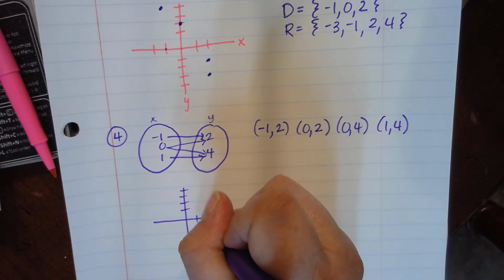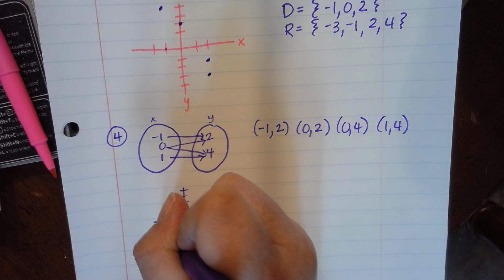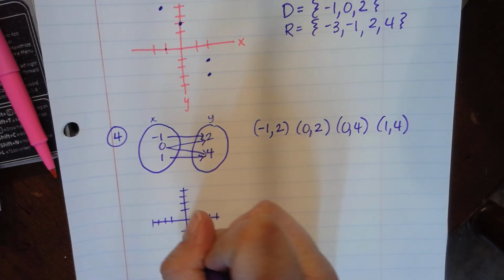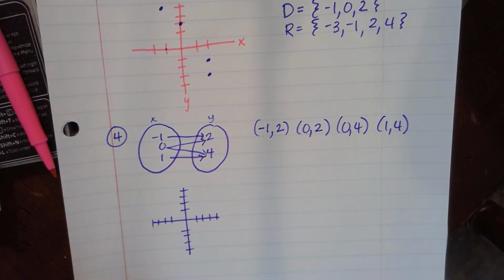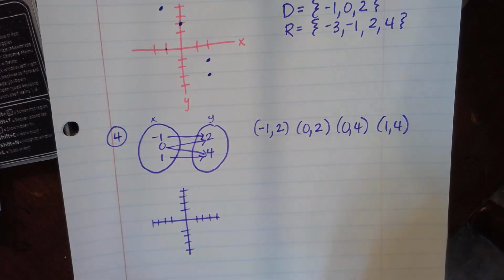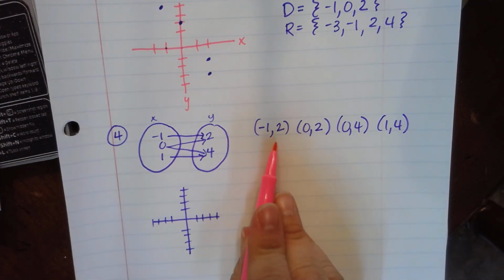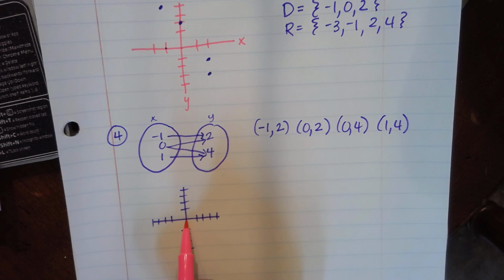My biggest number is 4, so I'm just going to make sure I have at least 4 on each of these, but you are hopefully using graphing paper. All right, so let's go ahead and start by graphing them. So here I'm going to go over -1 and then up 1, 2. Okay, so -1, 1, 2.